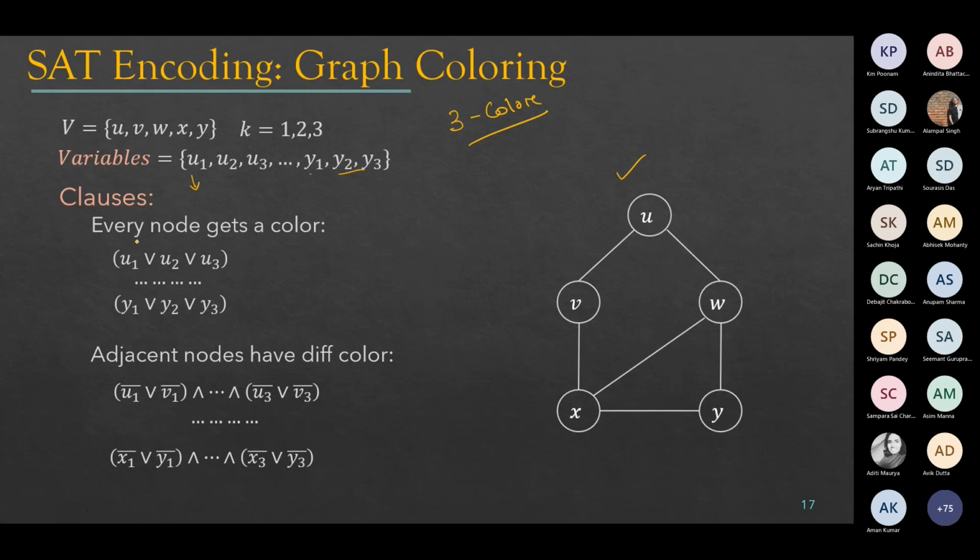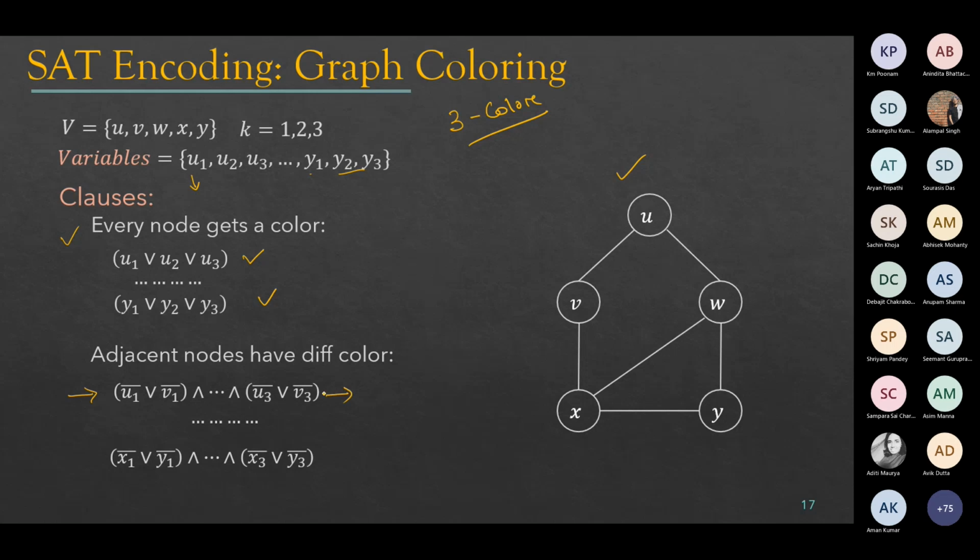And what would be the clauses? The first clause concerns that every node gets a color, and we can represent it with the clause which we have discussed earlier. And the adjacent nodes will have different colors, right? So for every pair of nodes which are connected via an edge, we need to assert this clause.